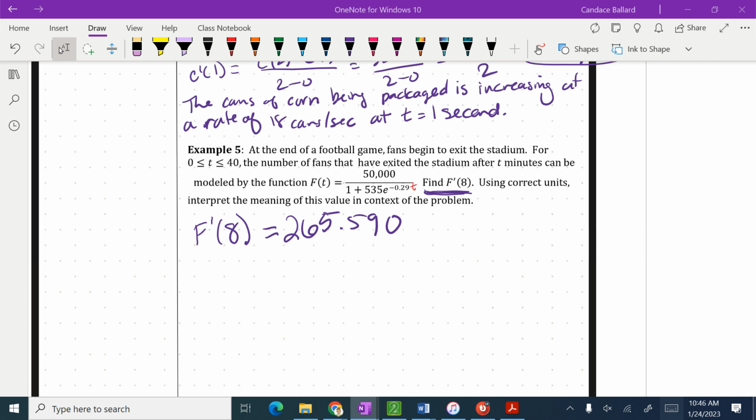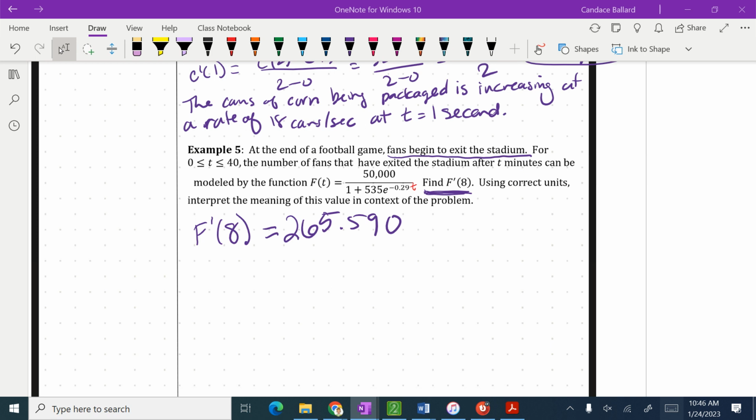Now we need to interpret the problem. We have yet to answer the second sentence. We're supposed to interpret the meaning of this value in the context of the problem. So what is the problem measuring? Look back at your first sentence. Fans exiting the stadium. So that's where I'm going to start, is I'm going to write about the fans exiting the stadium.